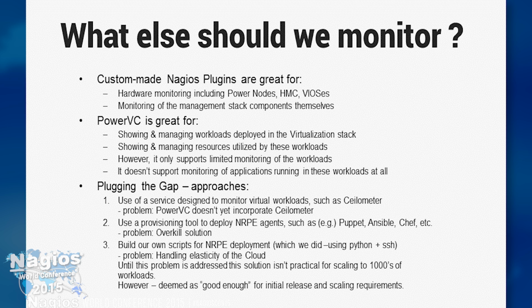So I'm going to go quick through this as well. So what else should we monitor? Besides these active and passive checks that we do on all the components, one other thing we wanted to do is monitor the virtual machines themselves. There are many ways to do that, and I'm going to refer you back to a presentation that was here at the Nagios World Conference in 2014.